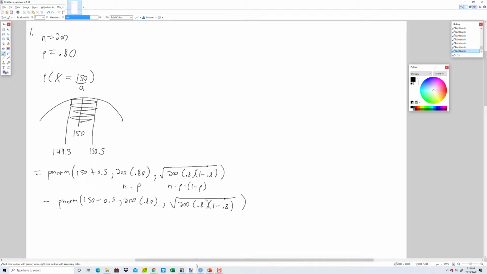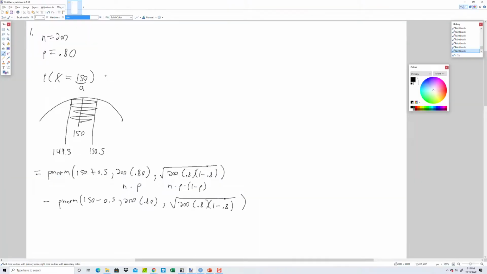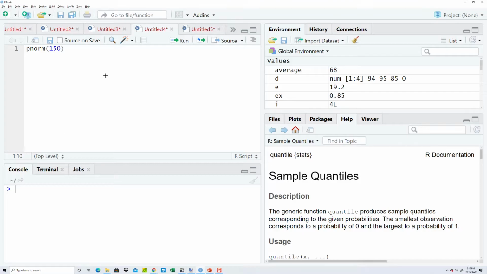Okay, come over here, and I got pnorm of 150 plus 0.5. You could go ahead and do that in your head if you want, or plug it in. 200 times 0.8, and then square root of 200 times 0.8 times 1 minus 0.8. You have to be careful in your parentheses. They have to match.